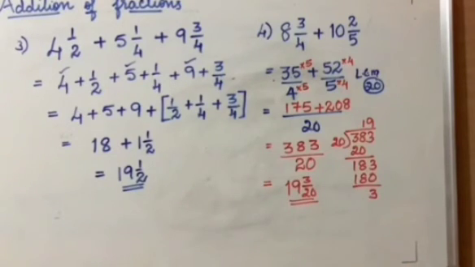Children, I hope you have understood addition of fractions. Find the common denominator. If they are not common, then add the numerators by changing them into equivalent fractions, and then find the sum. If need be, write the simplified form, and then if at all it's in improper form, convert it back to mixed form. So the steps are same.